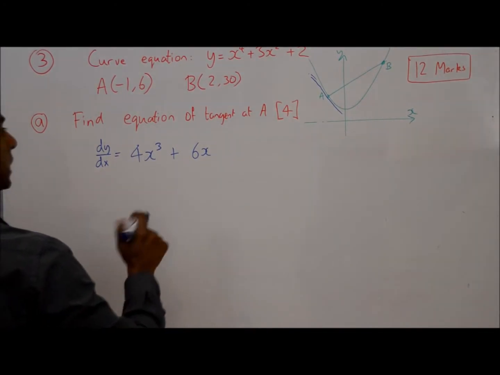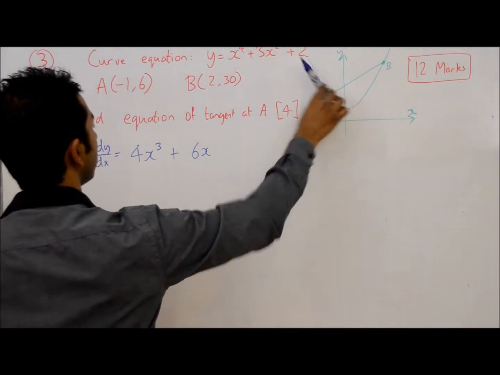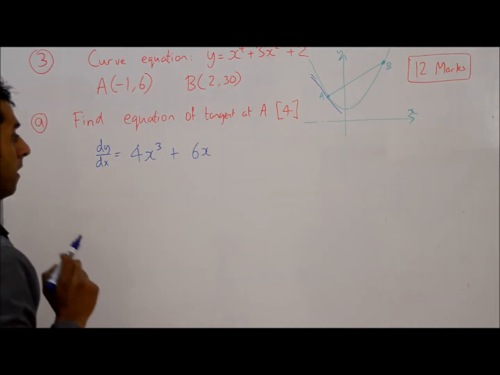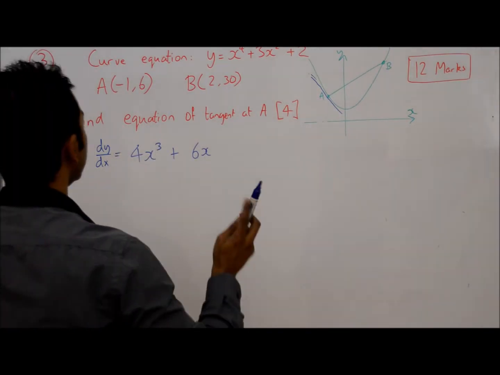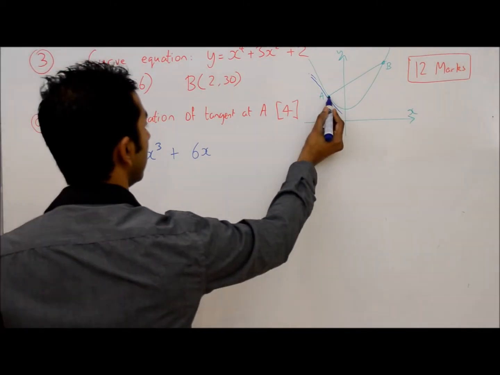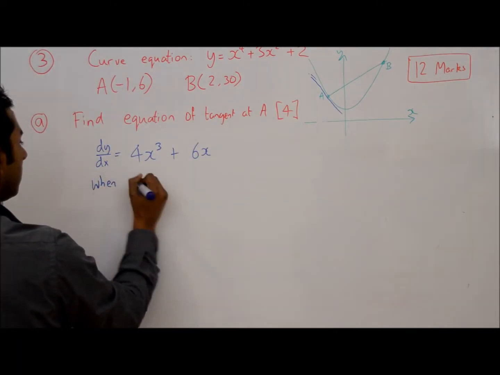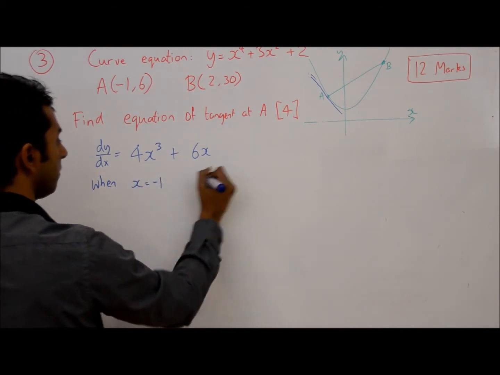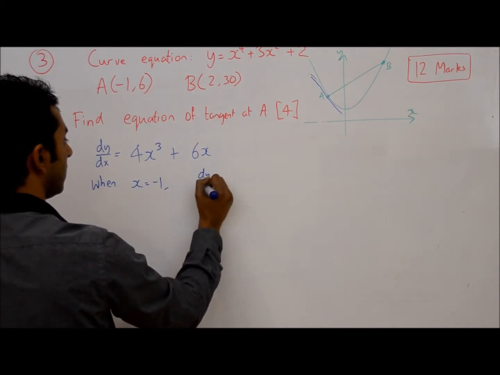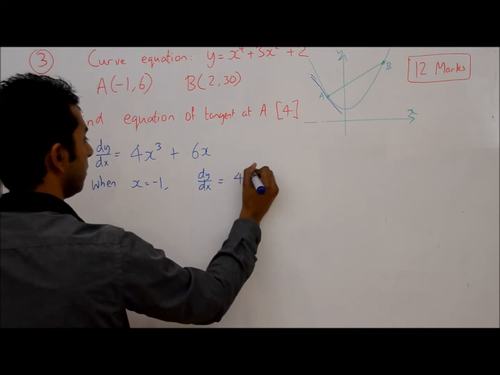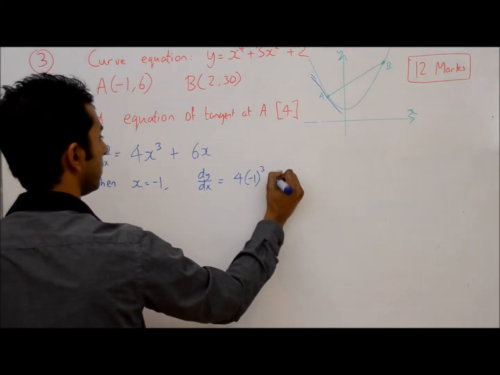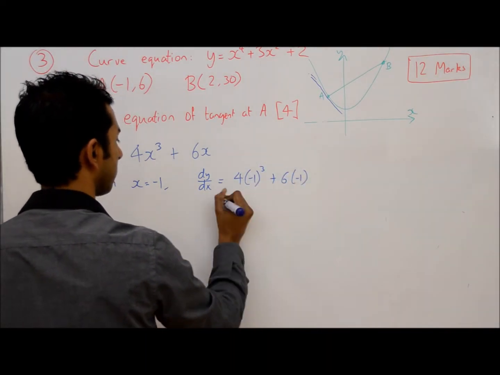We need to find the gradient of this tangent before we can find the equation of the tangent. So the way we find the gradient is we substitute in the x coordinate, which we know is -1. So when x equals -1, dy by dx is equal to 4 times -1 cubed plus 6 times -1.